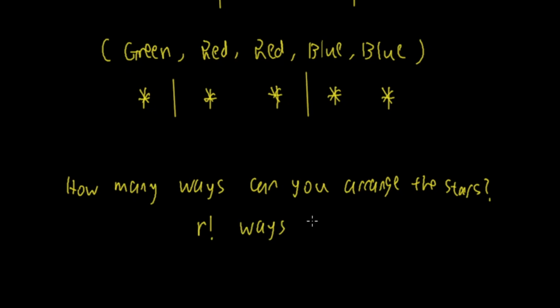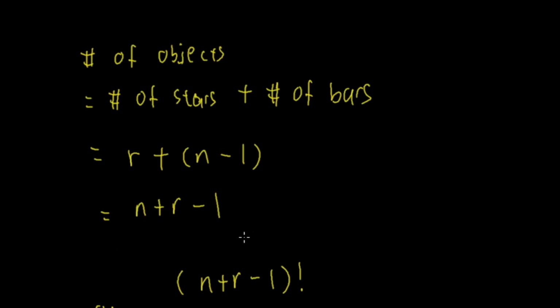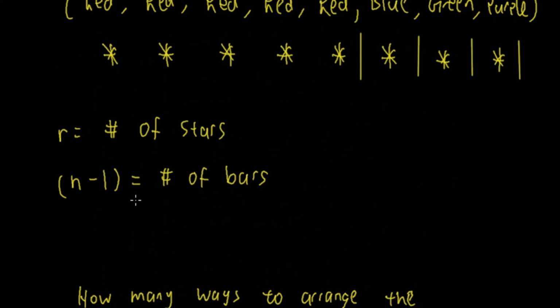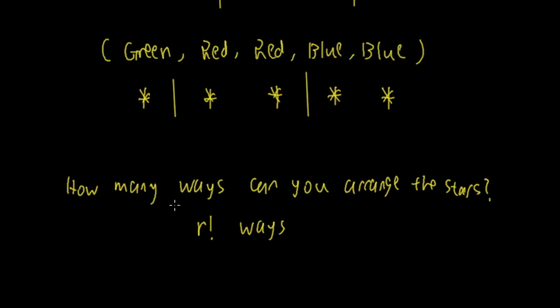R factorial ways, okay? Next, the bars. How many ways can you arrange the bars? If the number of bars is n minus 1, then there should be n minus 1 factorial ways to arrange the bars, right?